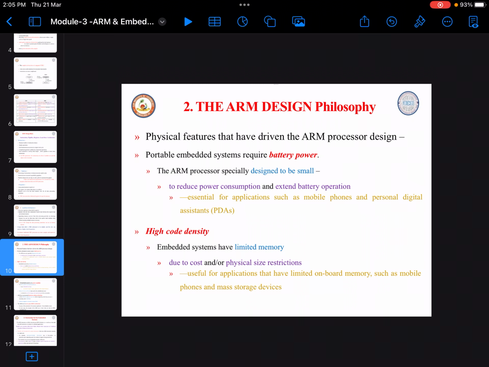The reason is that we get a high code density. If I choose ARM for embedded systems, I need to have high code density because embedded systems have limited memory. So with respect to cost and physical size restrictions, one has to operate applications with limited onboard memory.